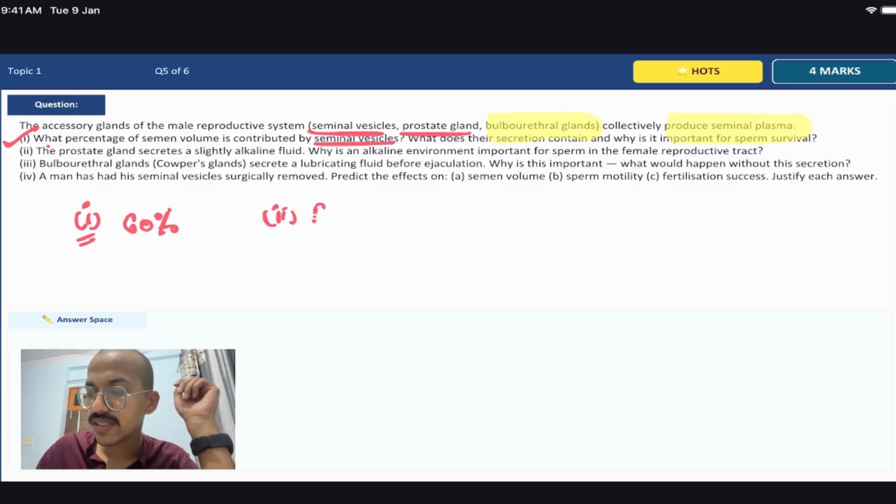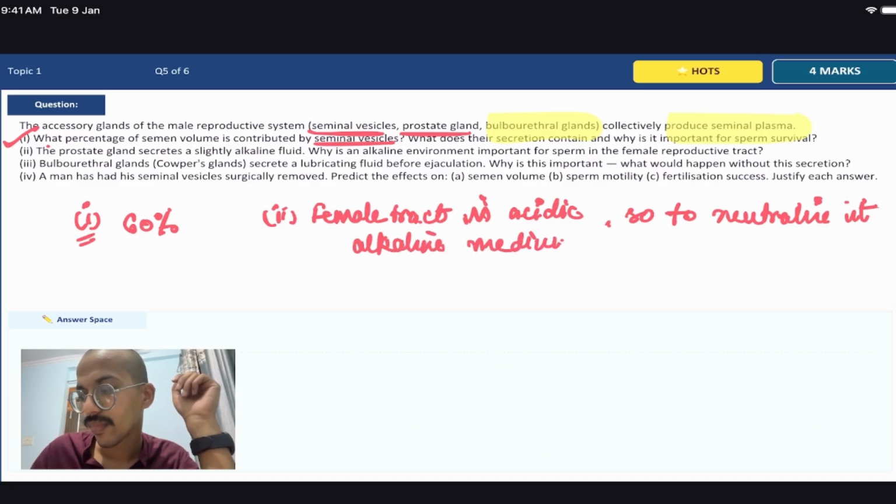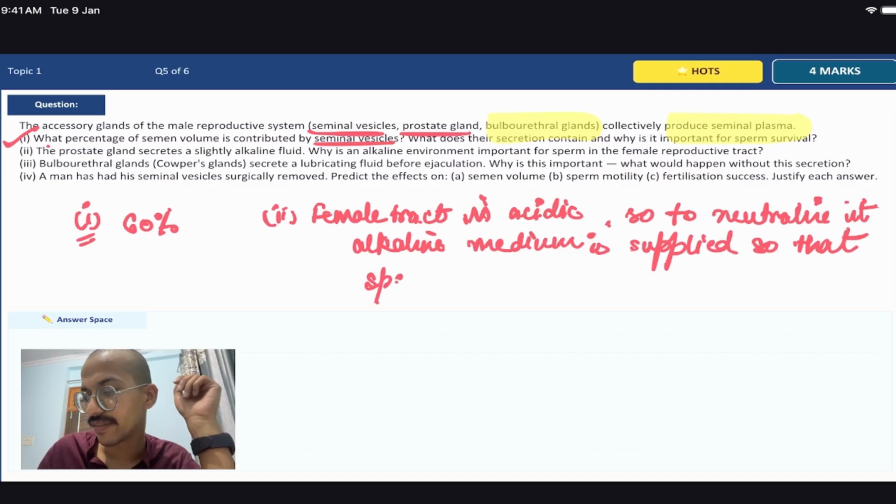The reason is the female tract is acidic, so to neutralize it, an alkaline medium is supplied so that sperm can survive.